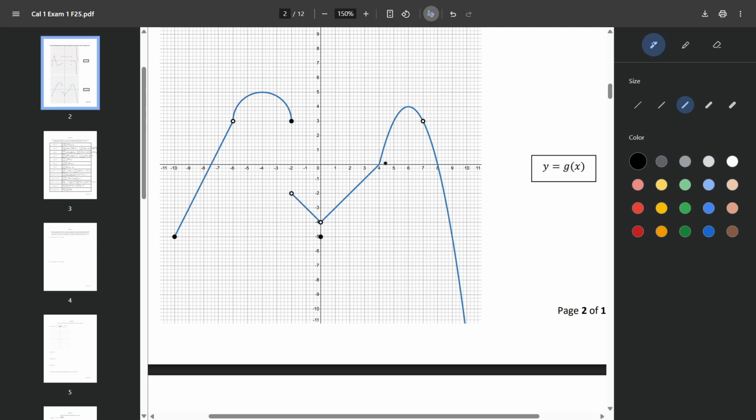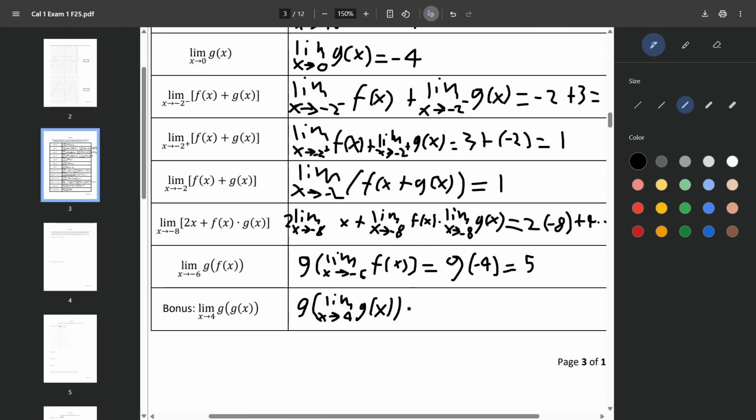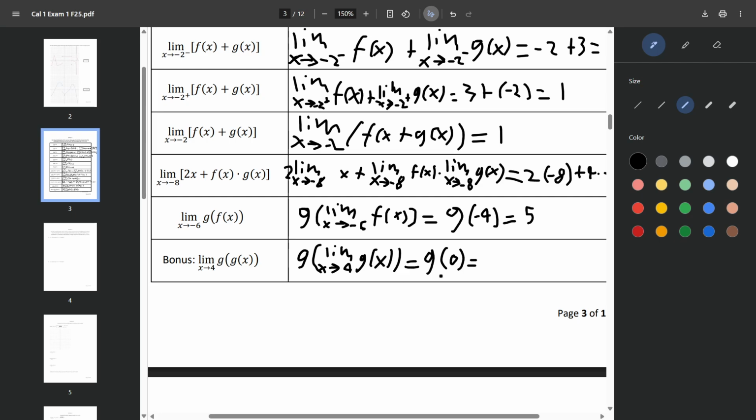Now, our value seems to be 0 for this. So we'll write it as g of 0 equals. Now, this part is a bit of a trick question because this 0 isn't technically 0. This number is approaching 0.